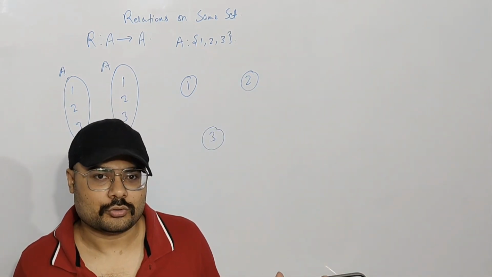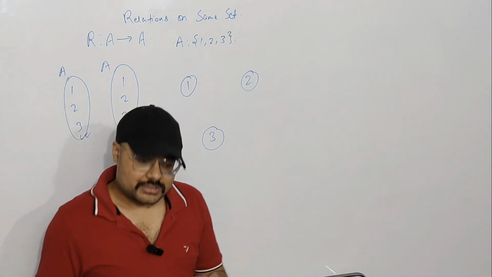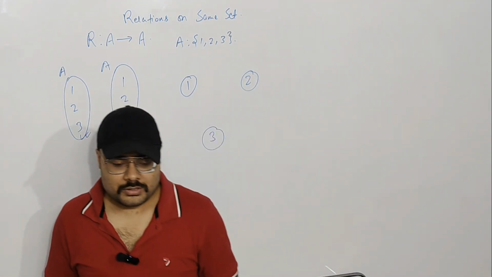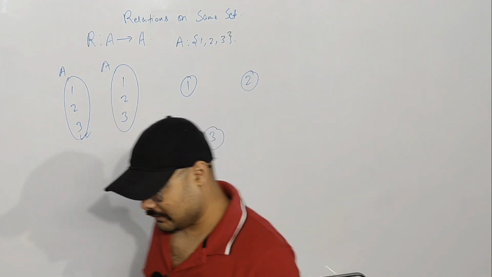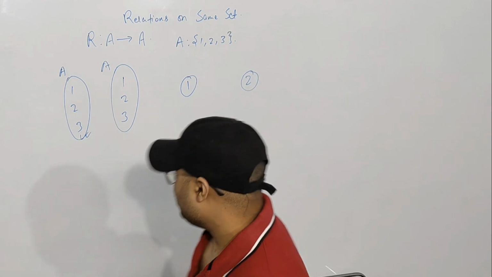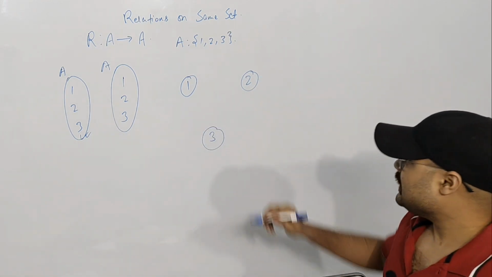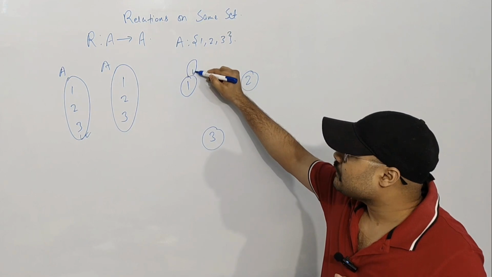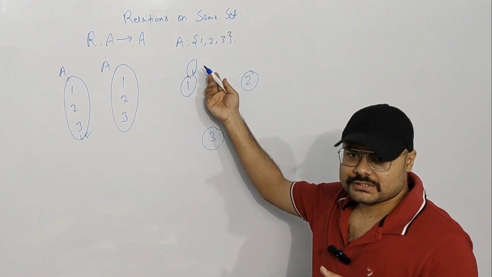For sure, B is not related to A. Okay, so this is about antisymmetric. And what is asymmetric? For symmetric or antisymmetric, any element may be related to itself or may not be related to itself.